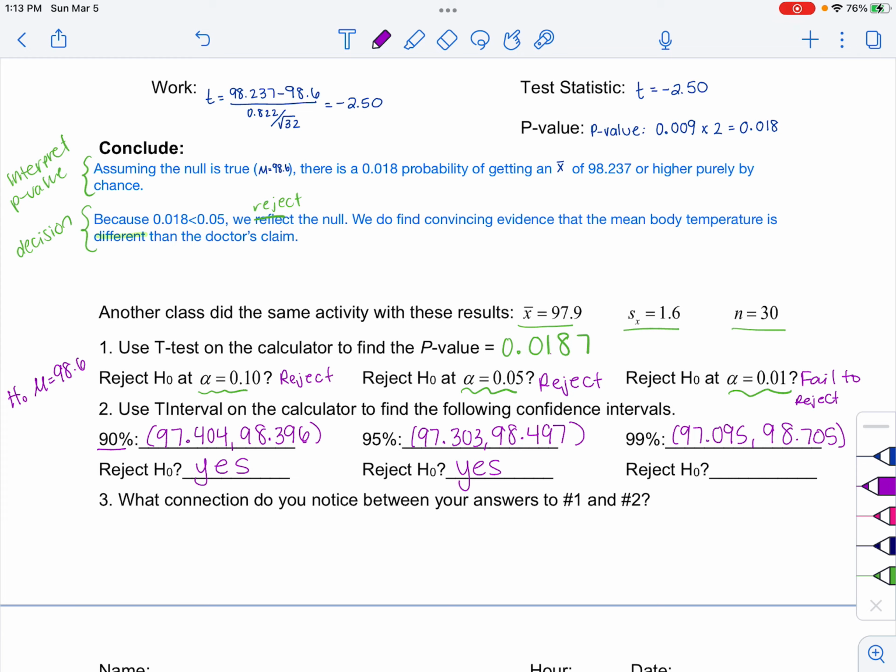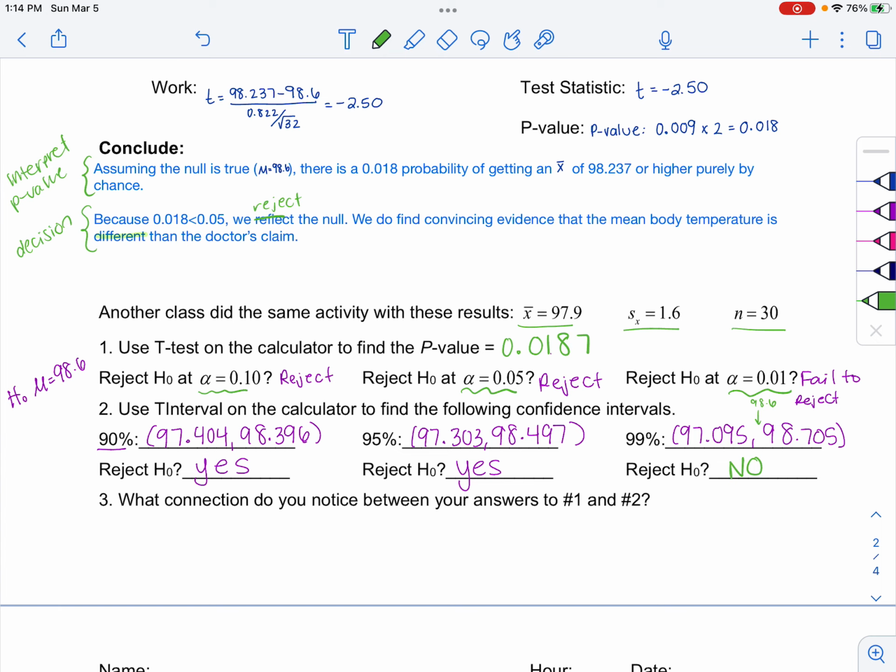And this time, my null value is inside of the confidence interval. So I do not reject the null because it is a possible value given the confidence interval we have.